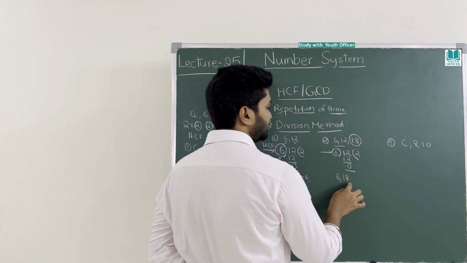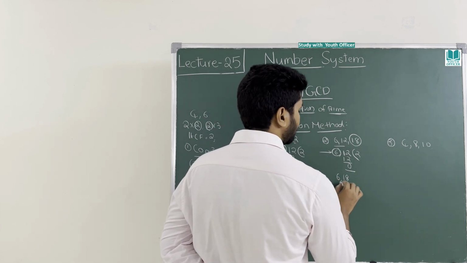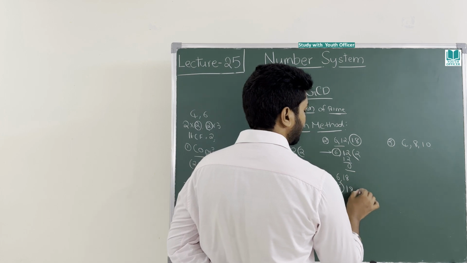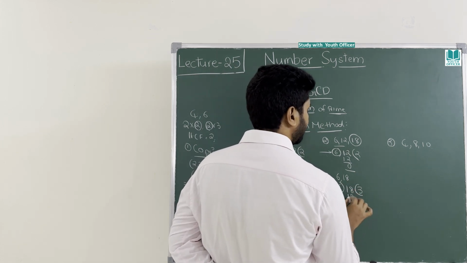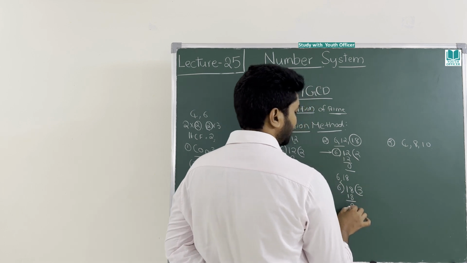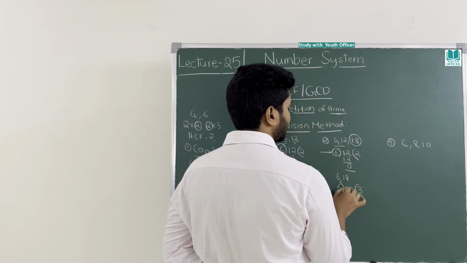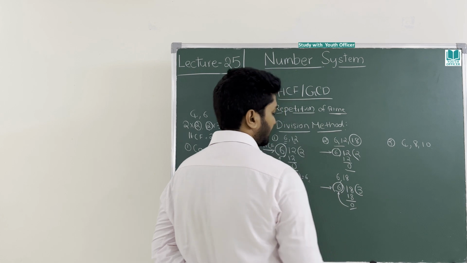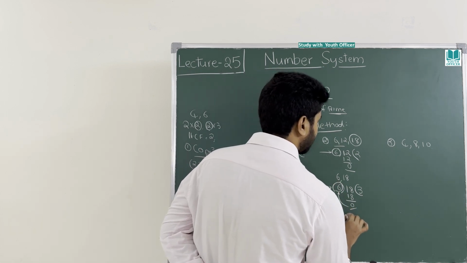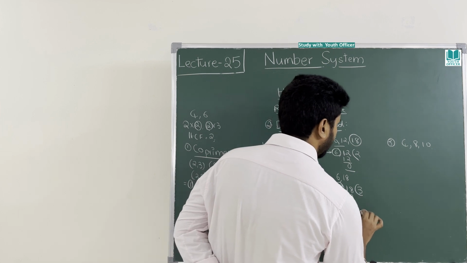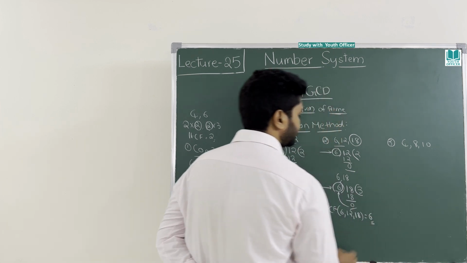Now we have to find for these two numbers. 6 is small, we keep it here, the big number here. How many times? 3 times 18, remainder 0. Once you get the remainder 0, whatever is the divisor is called the HCF. So the HCF of 6 comma 12 comma 18 is 6.